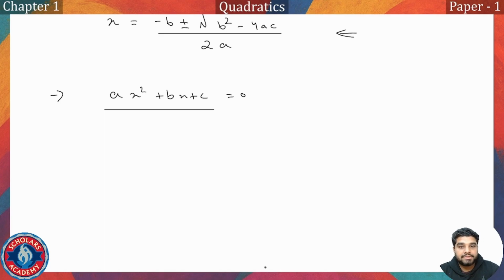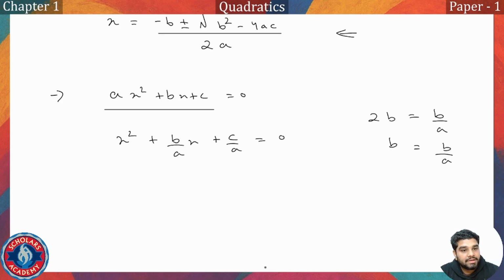Let's try it. Ignoring c and dividing the equation by a, we get x² + (b/a)x + c/a = 0. Now, first of all, this term is 2 times something, because x is the first term and x² is over here, so 2 times that is equal to b/a. So it becomes (b/a) divided by 2, and we need its square, that is b²/4a².